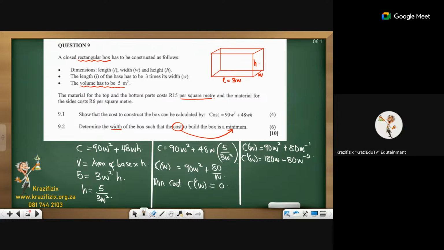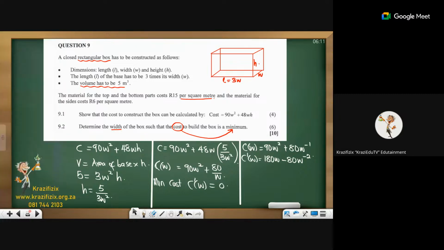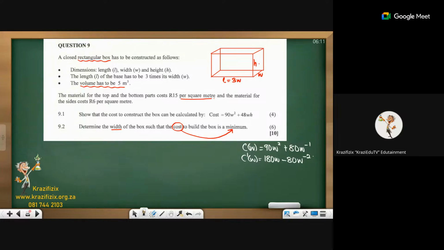Now that must be equal to 0. Let me take that to a fresh page so that we have space. 180W. These questions are not as difficult as people really say they are. It's just a matter of being careful and doing it well.